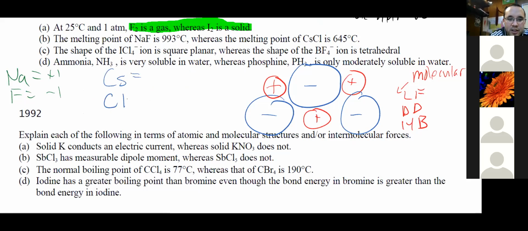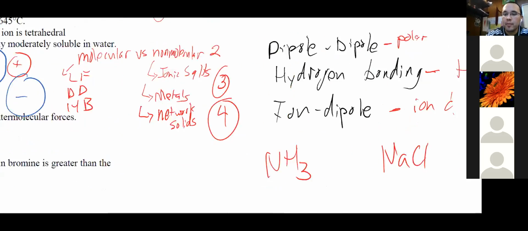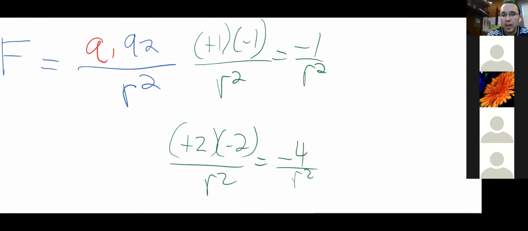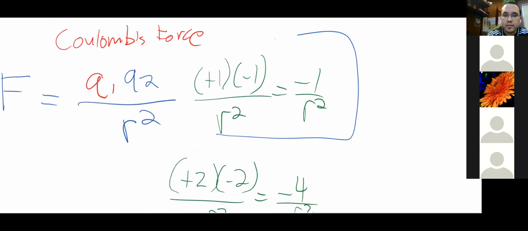And then let's look at cesium. What's the charge of cesium? +1. And chlorine? -1. And so if we're comparing those forces, both of them have the same charge, so both of them are going to look like this top one here.